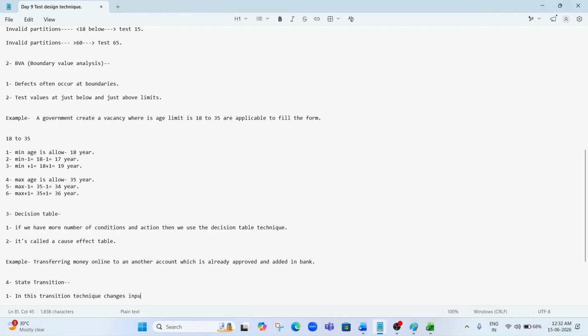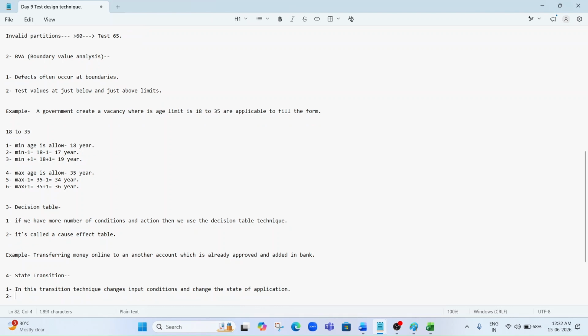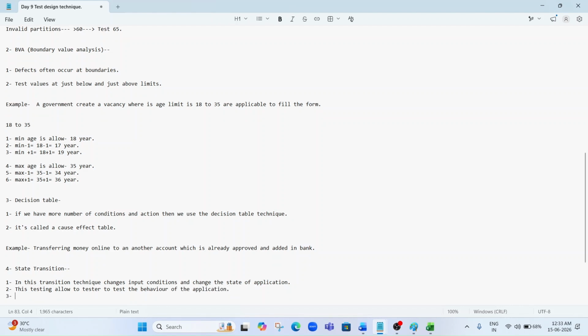The second point: this testing allows the tester to test the behavior of the application.